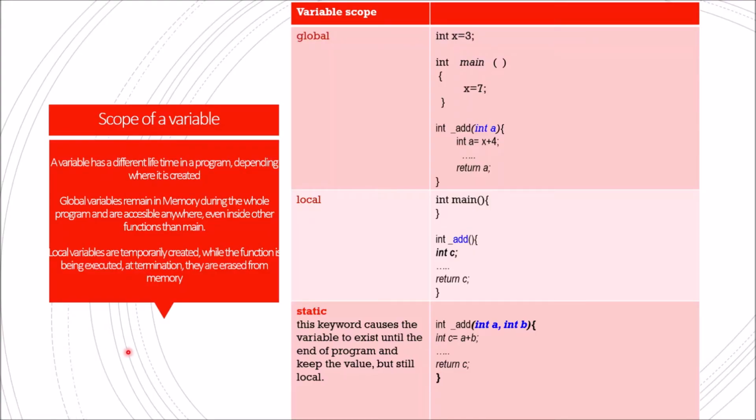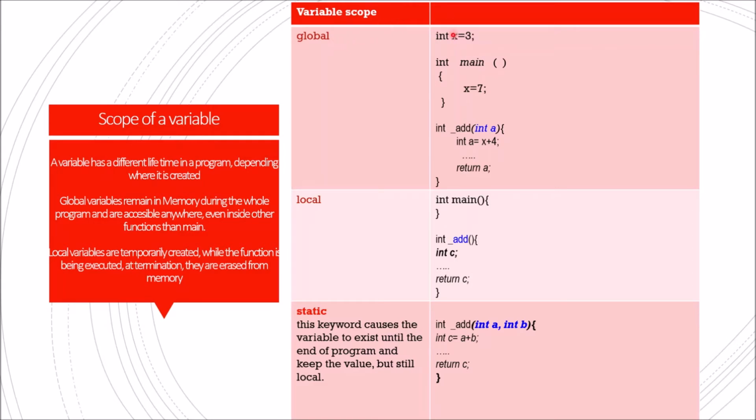Okay, now let's talk about an important feature of variables, which is the scope. The scope is the visibility within a program of a variable and its lifetime in memory. We have two main types of scope for a variable.